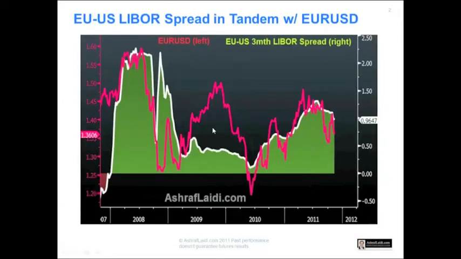So basically, I want one last comment on this chart. Why am I spending so much time? Because the thing about technical analysis, or if you want to fundamentalize technical analysis, you can stare at this chart a lot, but if you're going to try to put a fundamental or an economic spin to it, what are you going to say? You're going to say, when this spread came down, bad things happened.